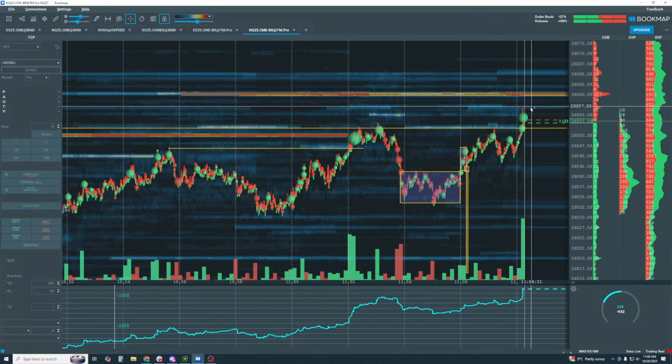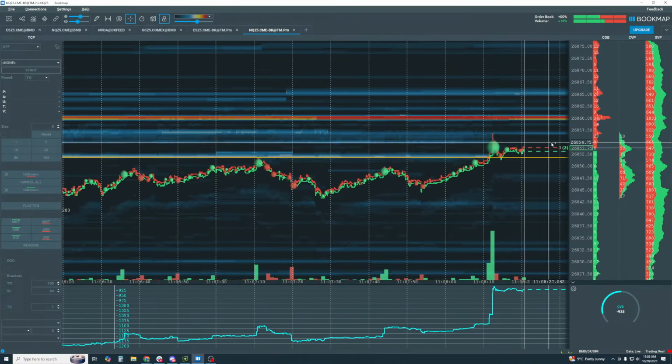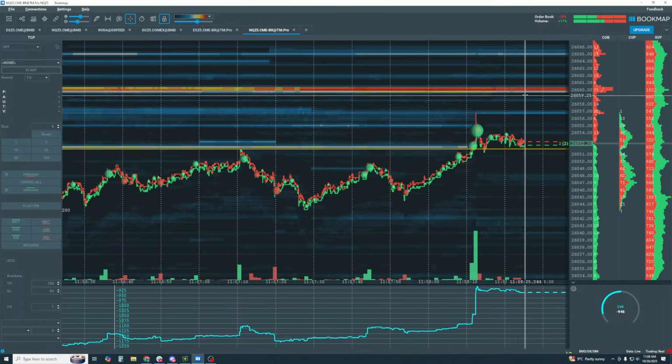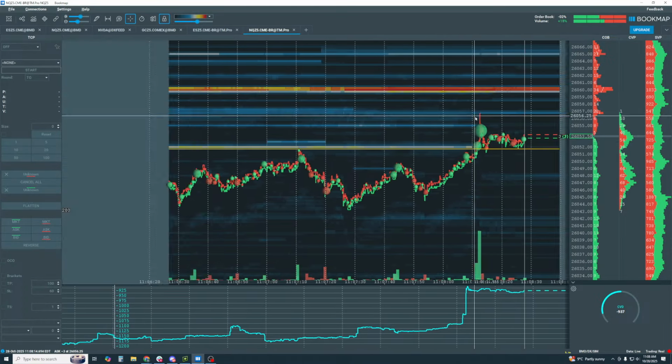Okay, so now look at this starting to break. Let's see a low volume pullback here, and now 26,060. Let's see. Do we get more volume up in here? We did get a low volume pullback.